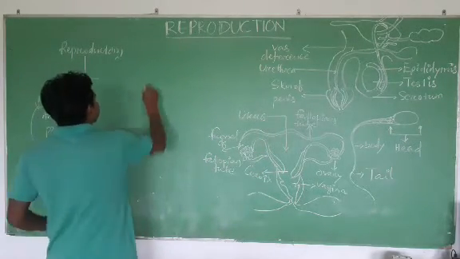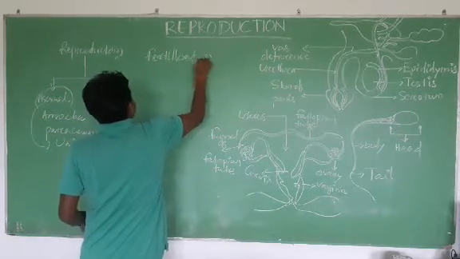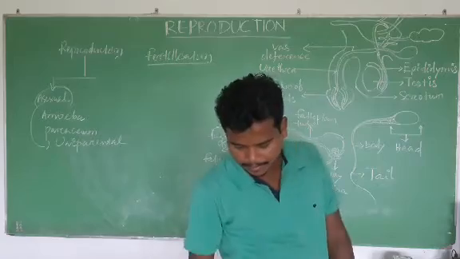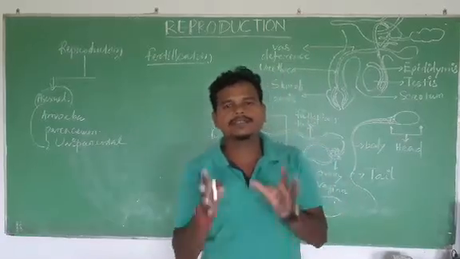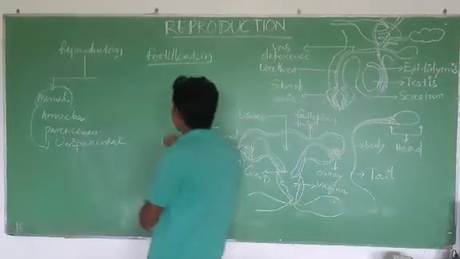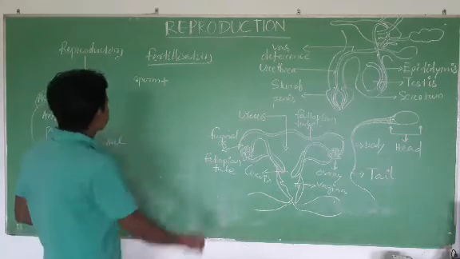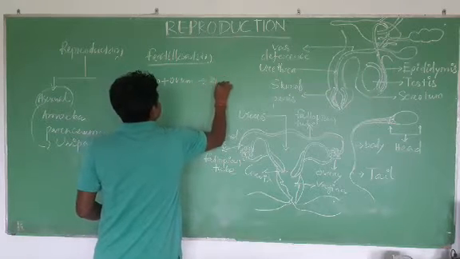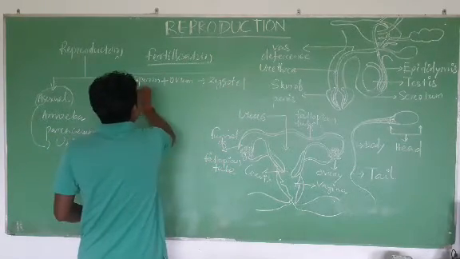Now, fertilization. What is fertilization? Fertilization is the fusion of a male gamete and a female gamete to form a zygote. Fertilization means the male gamete, the sperm, plus the female gamete or female reproductive cell, the ovum, gives rise to a zygote.